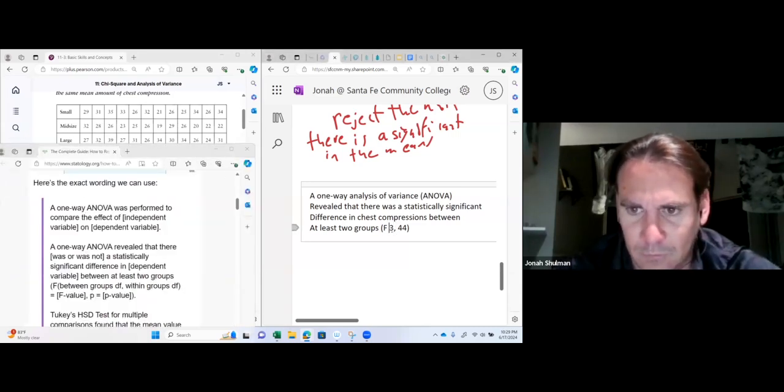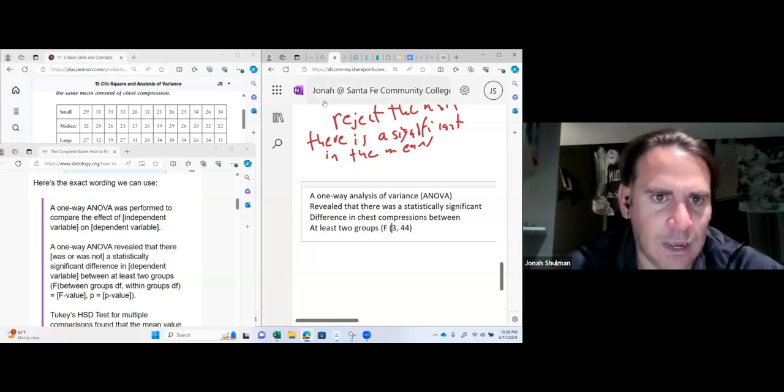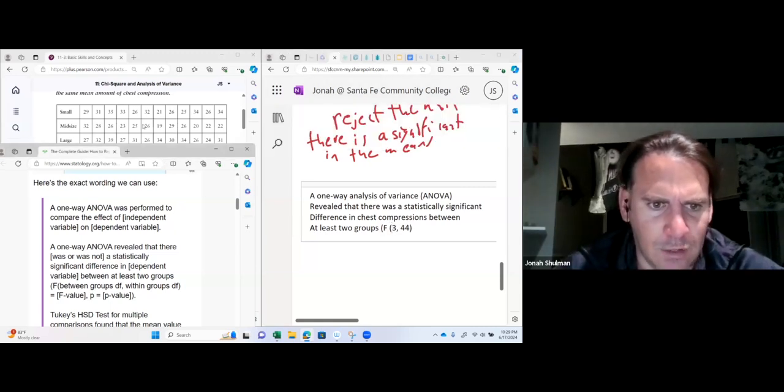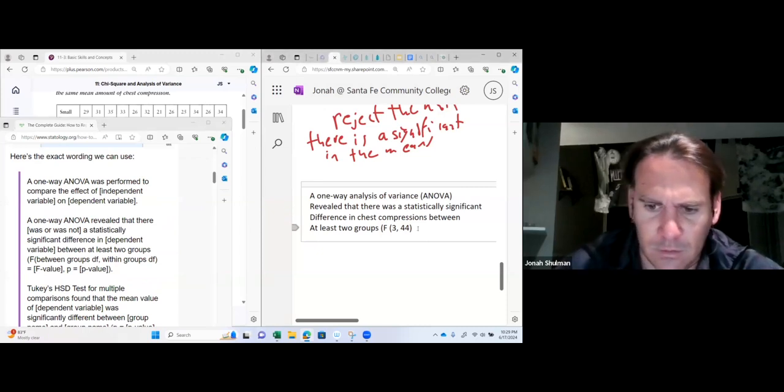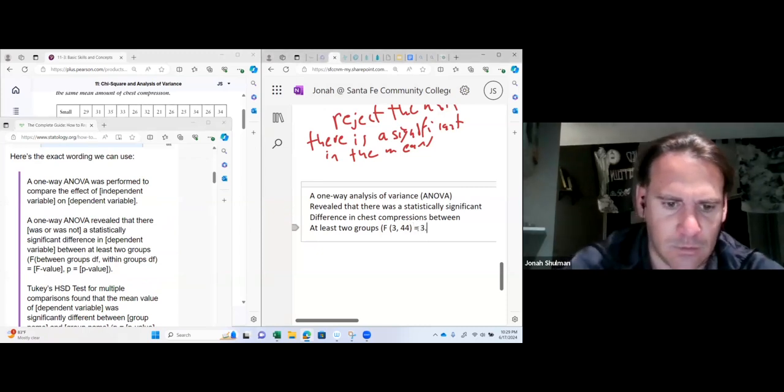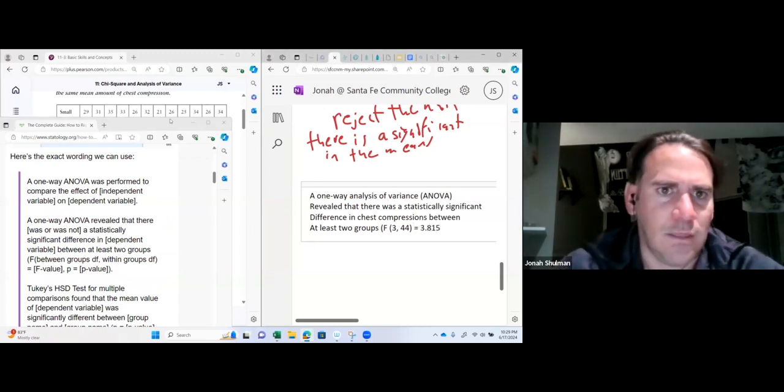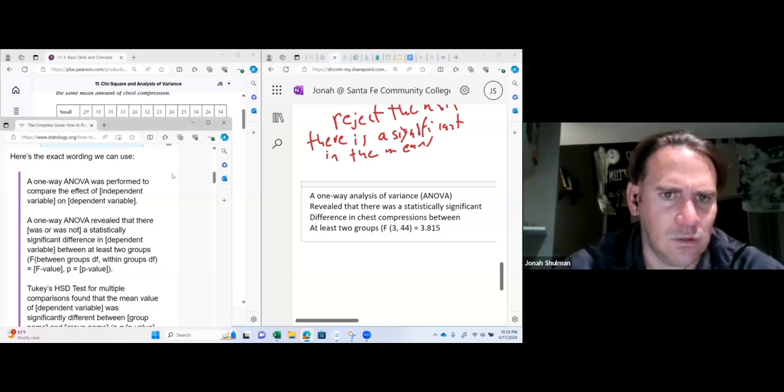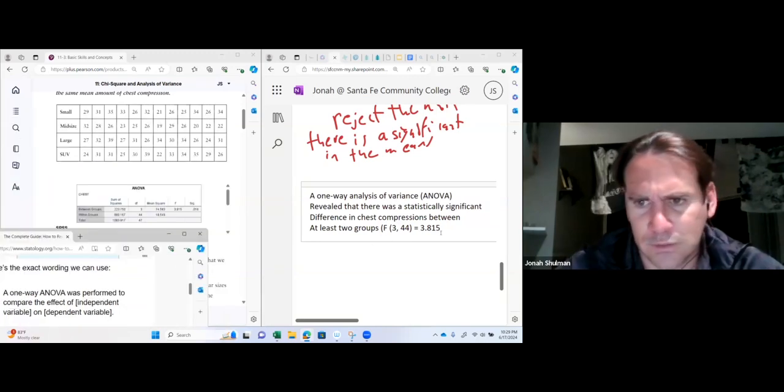We have to put the value. In our case, it is 3.815, comma, the p is equal to 0.016.